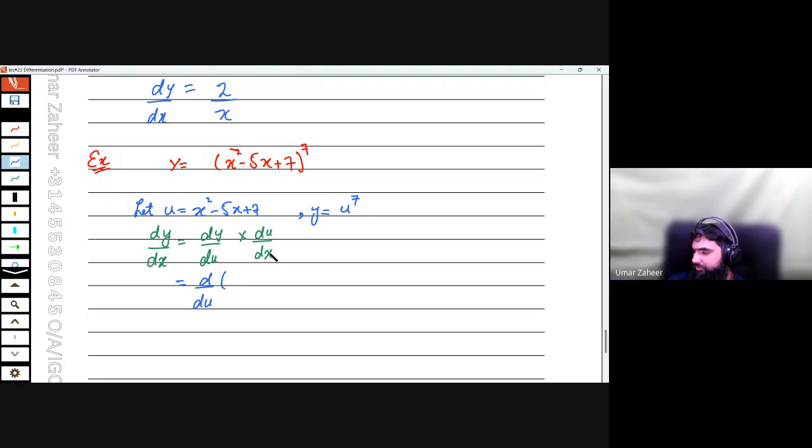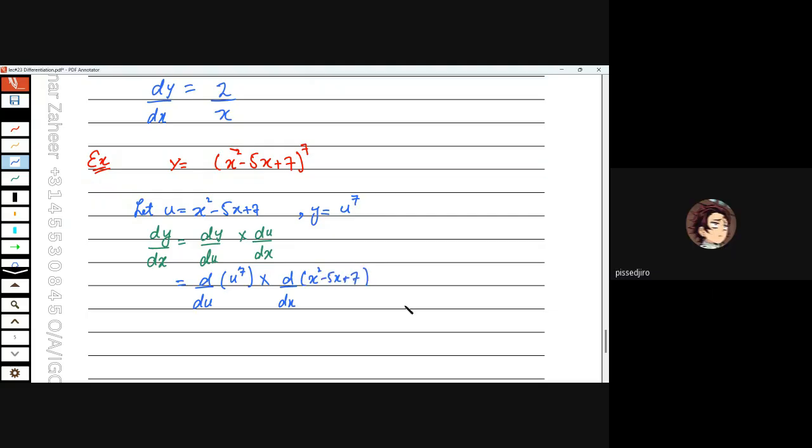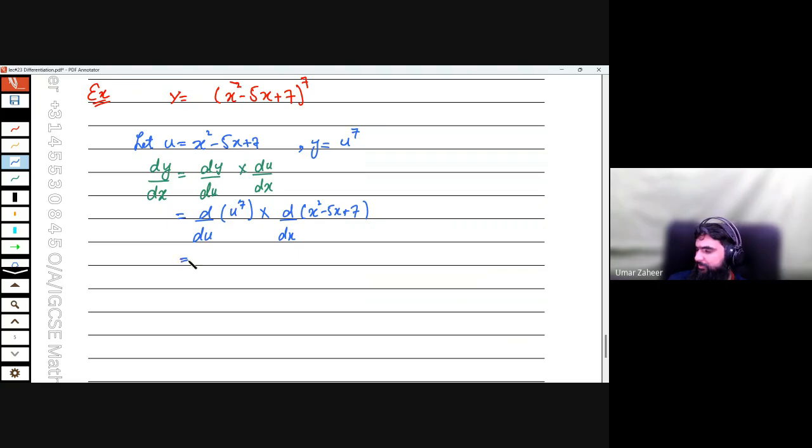The y value is u power 7. d over dx of the value of u is x squared minus 5x plus 7. Simplify them. Take the power to the start, subtract one from the power. The x squared will become 2x minus 5.